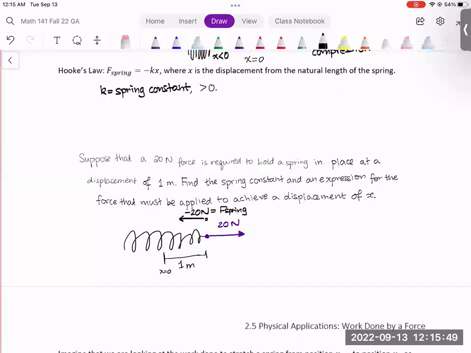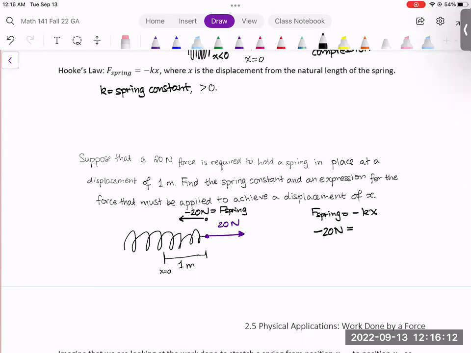Okay, and so let's put these pieces together. We're going to use Hooke's law to find our spring constant. Hooke's law says F of the spring is equal to negative k times x. The force of our spring here is going to be negative 20 newtons.